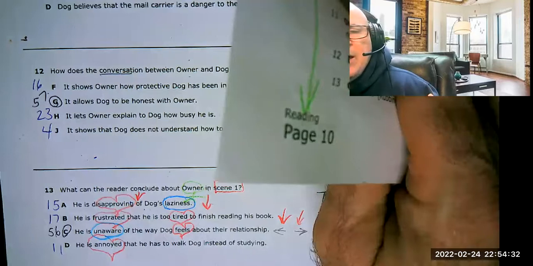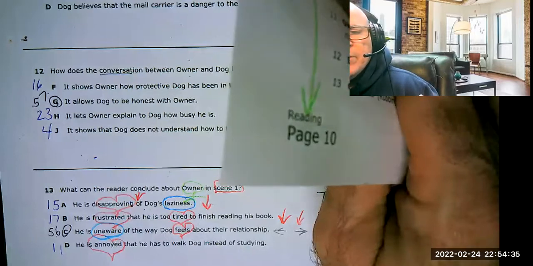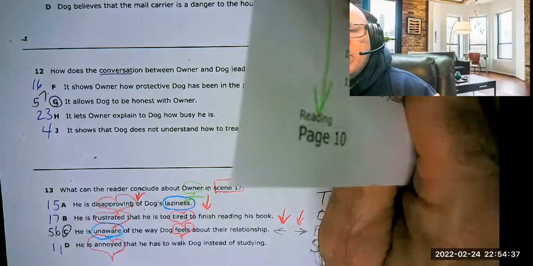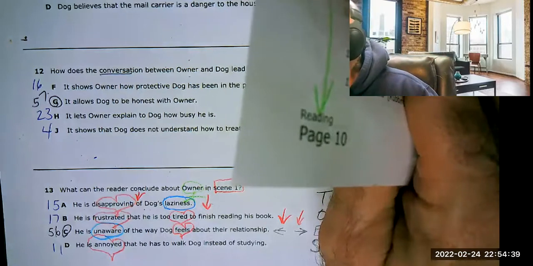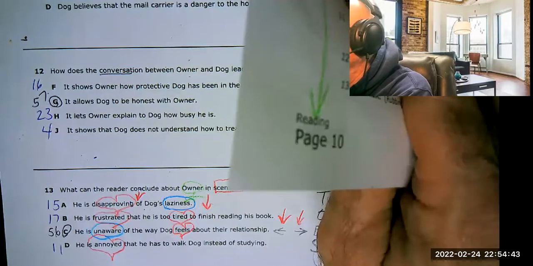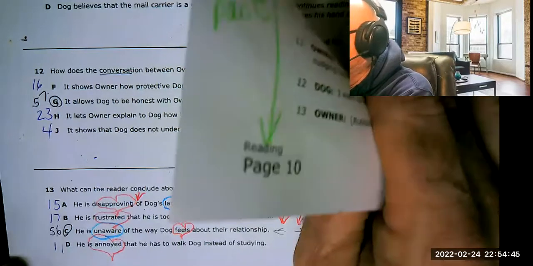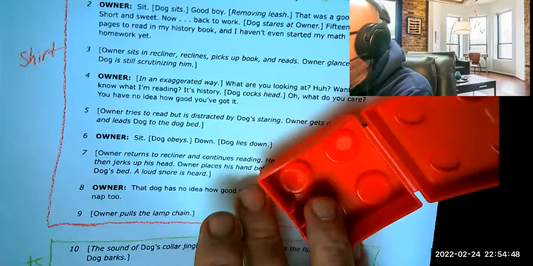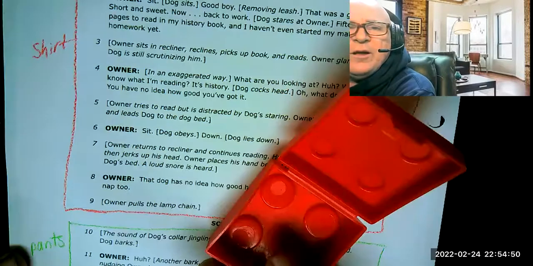I don't think they would probably have a question that has nothing to do with one of the main characters in the story, the dog. Just my opinion, but you can have yours and I'll have mine.